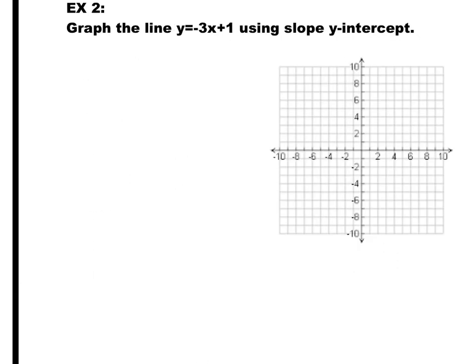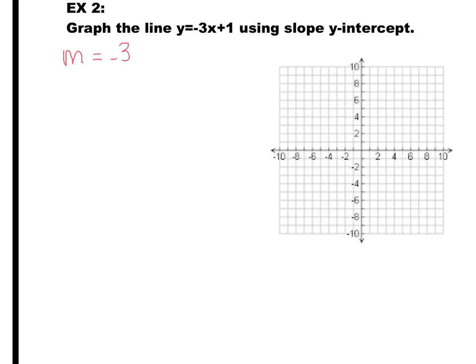As an example, consider the equation y equal negative 3x plus 1. We are supposed to plot this line using slope and the y-intercept of the line. First, look at the equation. You can see that the slope, m, is negative 3.